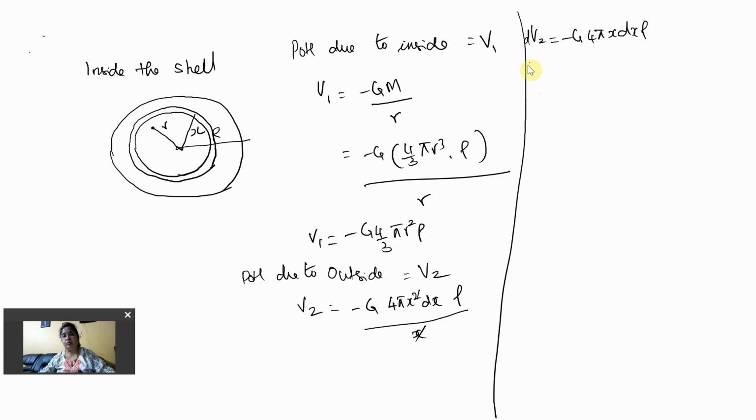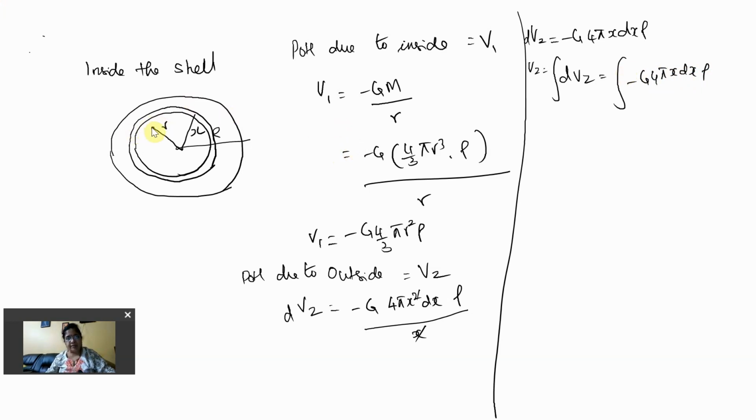For V2, we need to integrate dV2. What we have found is dV2 for one particular shell. Now we are integrating for the entire outer region: minus G 4 pi x dx into rho. What are the limits?